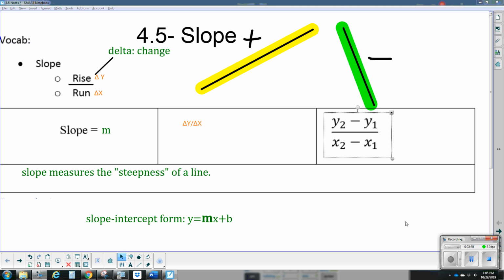And remember, the x's and the y's we get from our coordinate pairs. A coordinate pair is a point on the coordinate plane that has a value for x, or its horizontal distance from the origin, and a value for y, or its vertical distance from the origin.